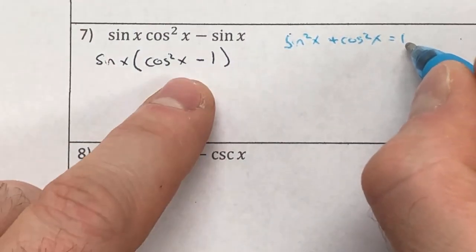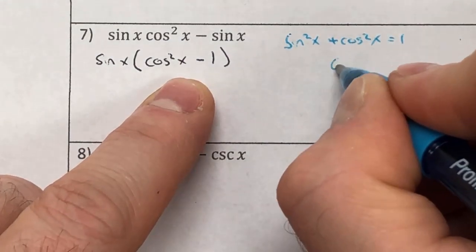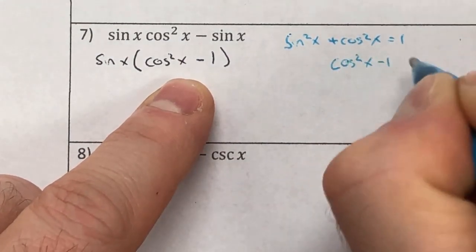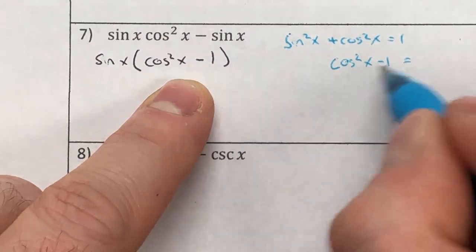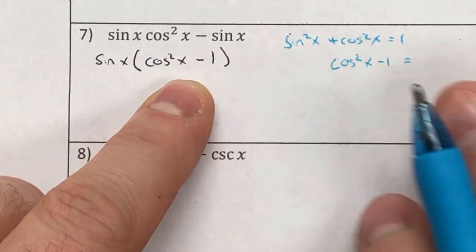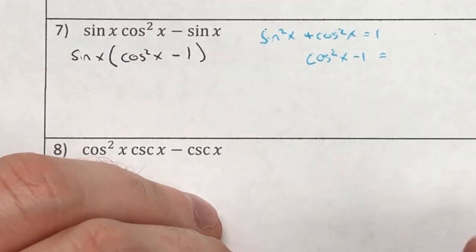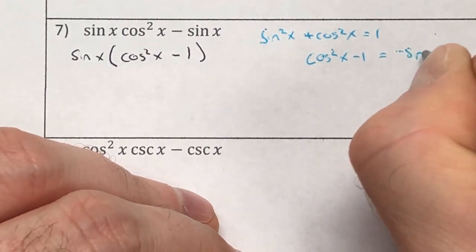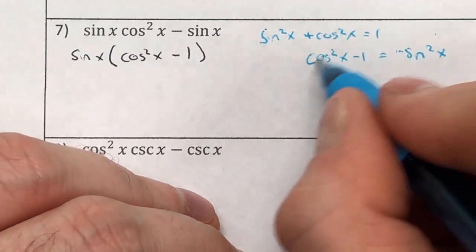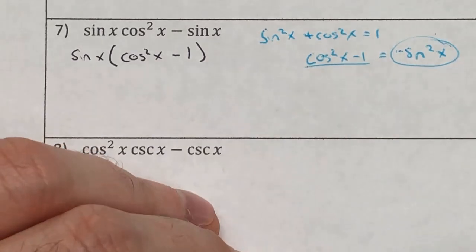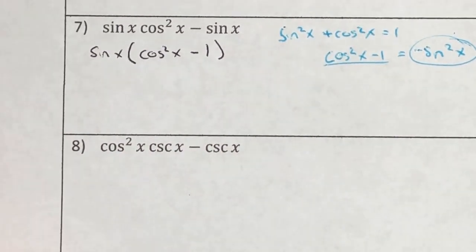So really all I want is to get one of these sides of the equation, minus 1, move that over here, to look similar. And then whatever else I need to do with the rest of it, do with the rest of it. So that means I subtracted the sine squared of x. I have that, I can replace it with the sine squared of x, or negative sine squared of x, I should say.